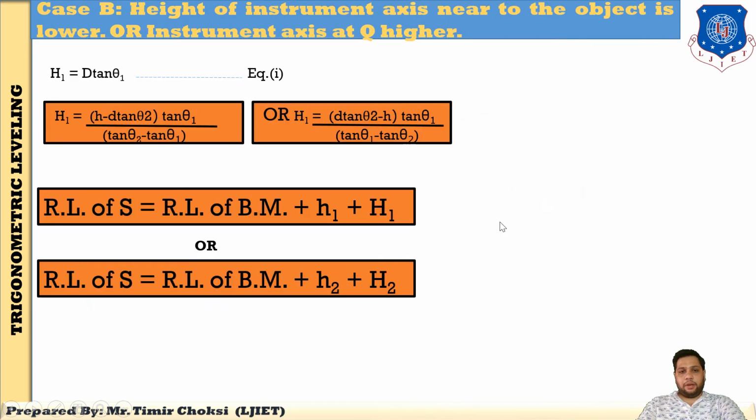So remember both formulas: RL of S equals RL of benchmark plus small h1 plus capital H1, as well as RL of S equals RL of benchmark plus small h2 plus capital H2. This is our formula for case number B.